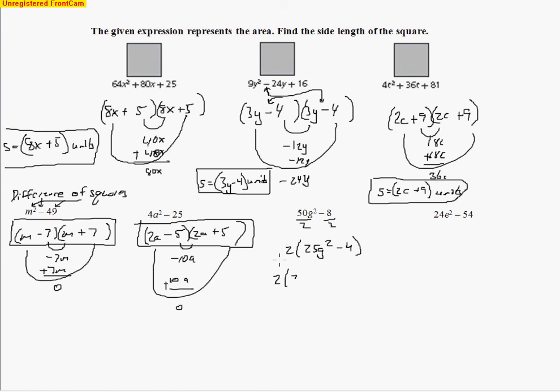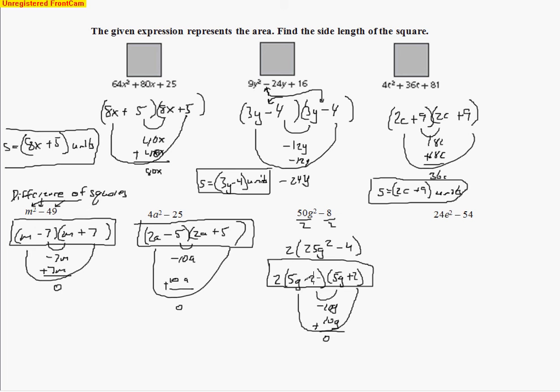So I know it's going to factor 2, a 5g minus 2 and a 5g plus 2. And again, you can see how the negative 2 times 5g makes negative 10g, and the 5g and 2 make positive 10g, and those will cancel out to make 0. So that's the answer.